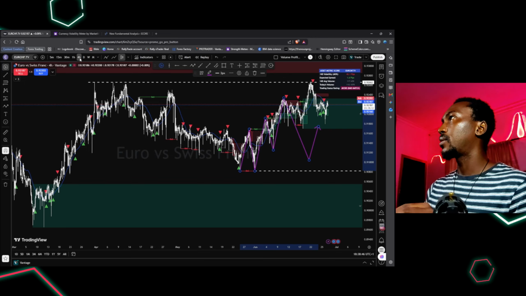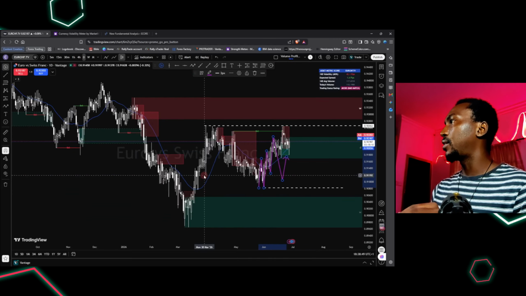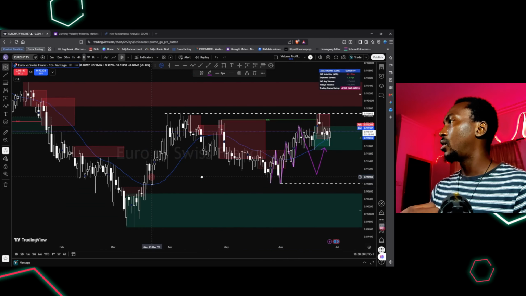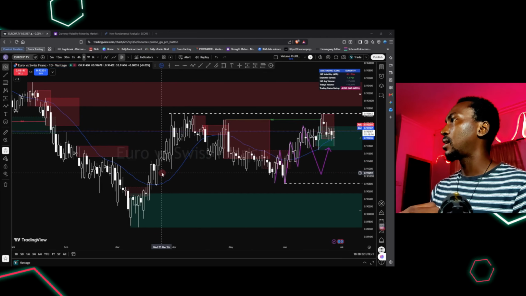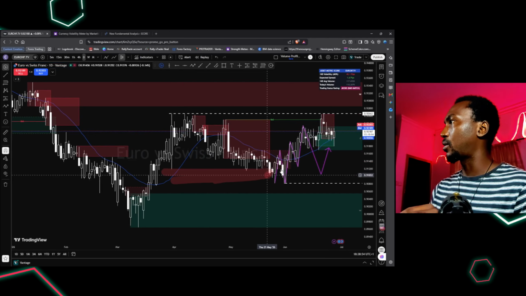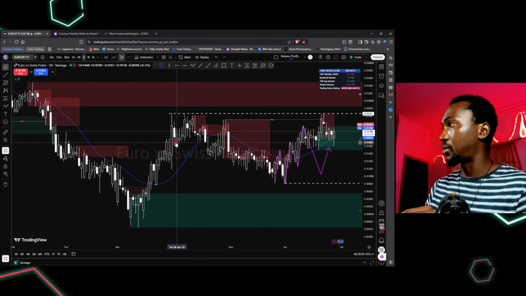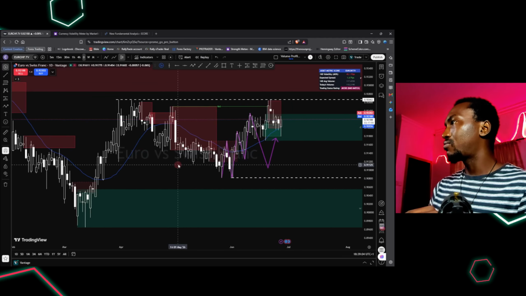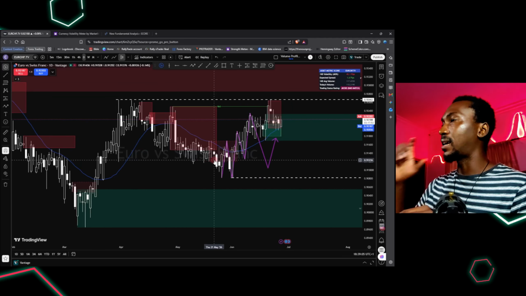But this is the problem. I do not have a clear daily demand zone supporting that stance, and that is the problem I have with this particular stance here. So this is not something I can trade as of now. It's not something I can actually trade. It doesn't look perfect to me. It doesn't have that A setup.